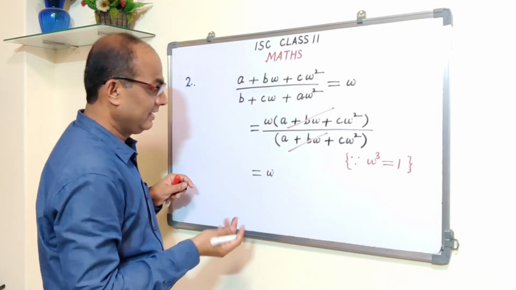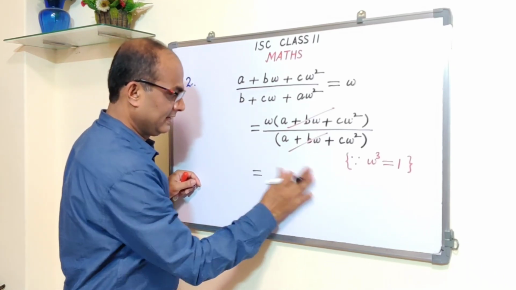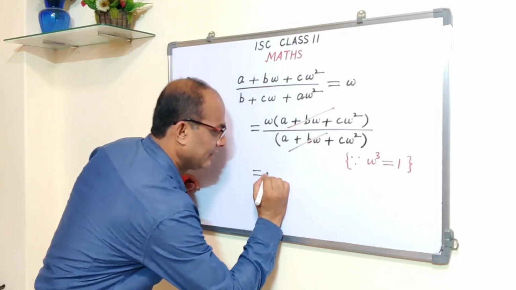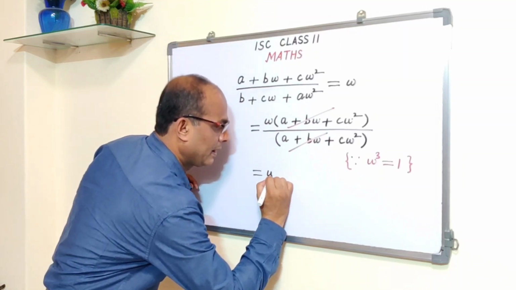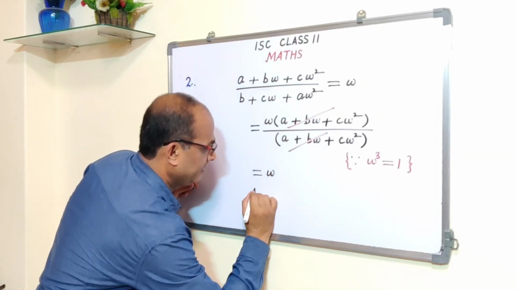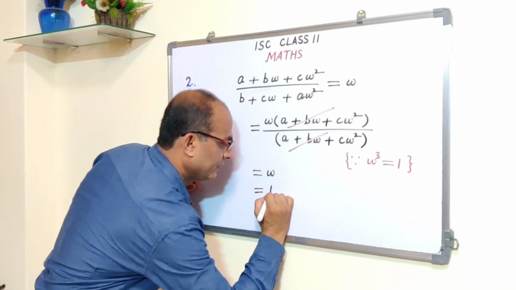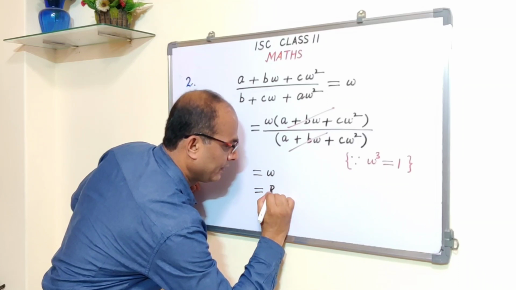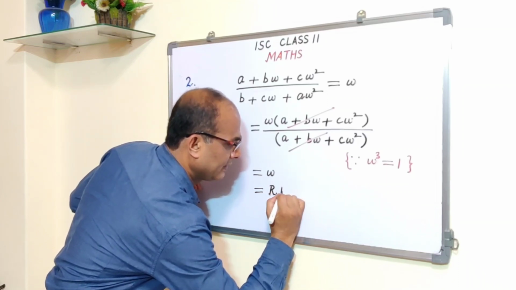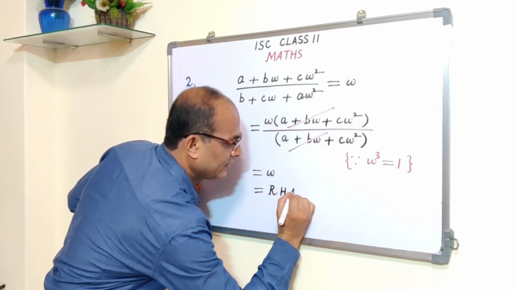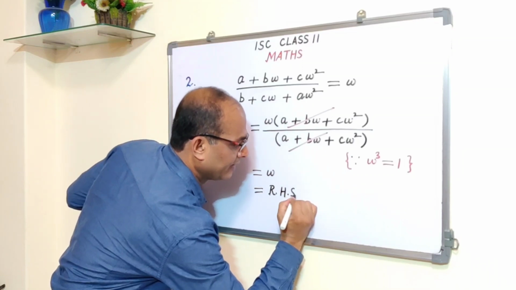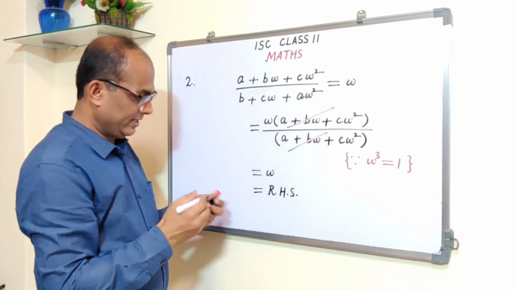And right hand side, that is right hand side, omega, and this is equal to RHS. Hence proved, you can write down.